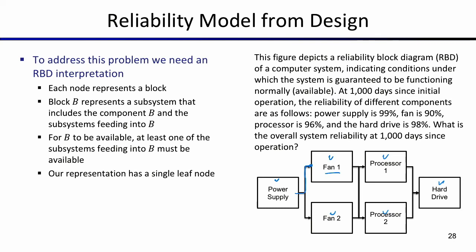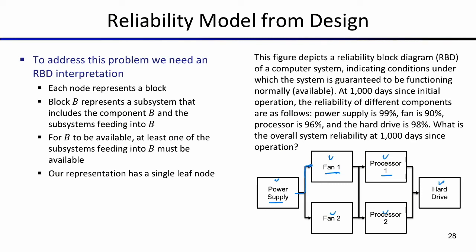For a block B to be available, at least one of the subsystems feeding into B must be available. So for fan 1 to be available, the power supply must be available too, because it's feeding into fan 1. Processor 1 is a little bit different, because we have two fans feeding into it.